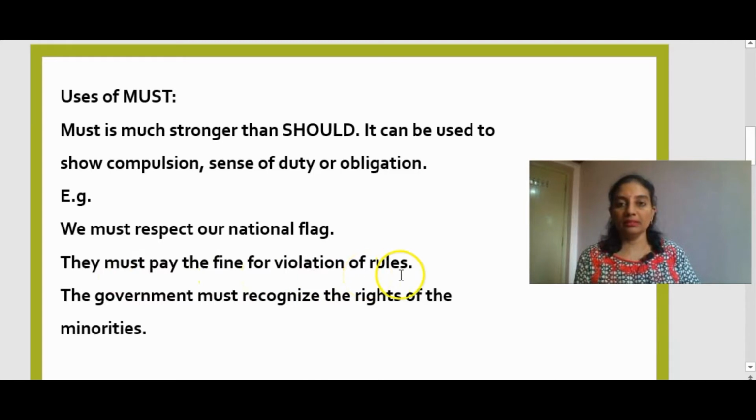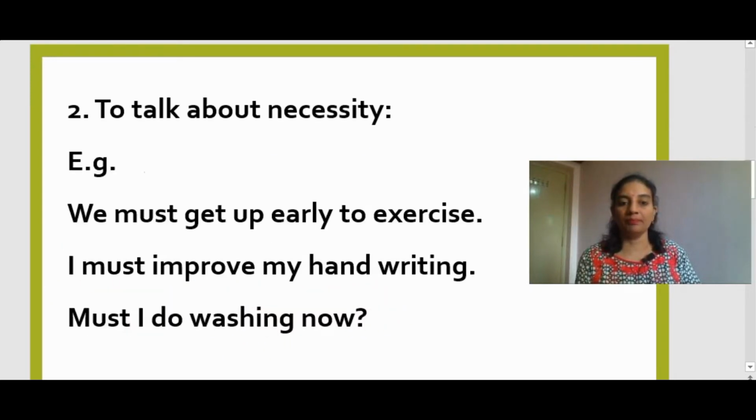They don't have any other option other than paying the fine. The government must recognize the rights of the minority. It is a strong moral obligation, or it can be about its sense of duty as well. It can come under both these things, sense of duty or strong moral obligation of the government to recognize the rights of the minorities and protect them.